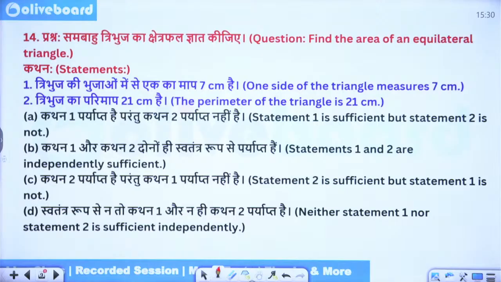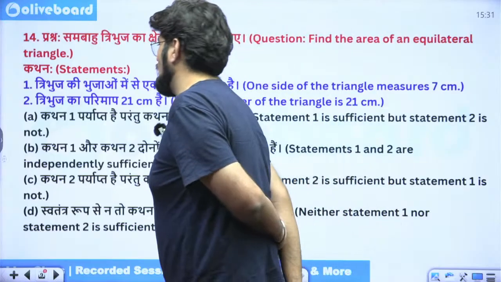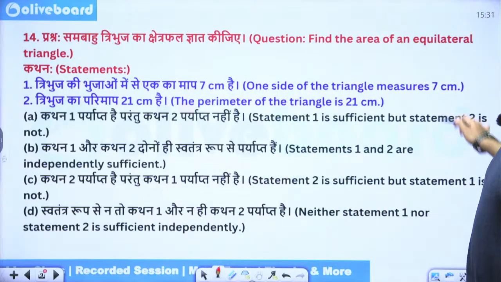Next. Find the area of an equilateral triangle. Let's read the options first. Statement 1 is sufficient but 2 is not. Statement 1 and 2 are independently sufficient, that is either or again. 2 is sufficient, 1 is not, and neither 1 nor 2. Now we'll read the first one. One side of the triangle measures 7 centimeter. It's an equilateral triangle, we know.